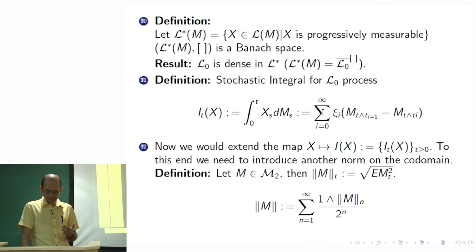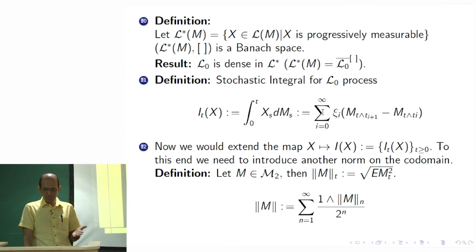This is the most natural way to define integration of a simple process with respect to a square integrable continuous Martingale. Then we proved that this ITx is a Martingale.